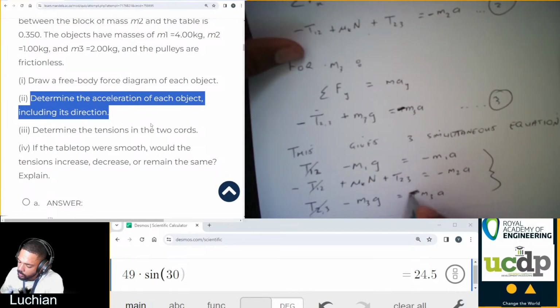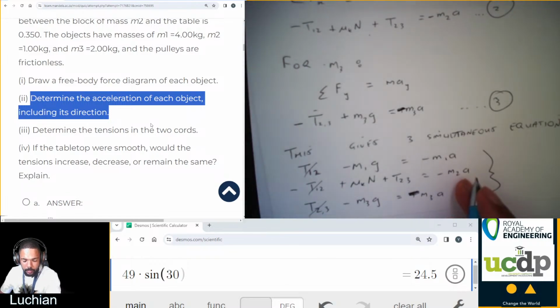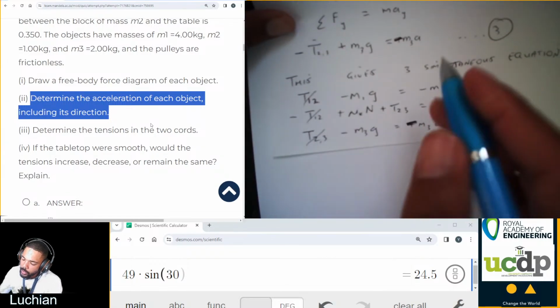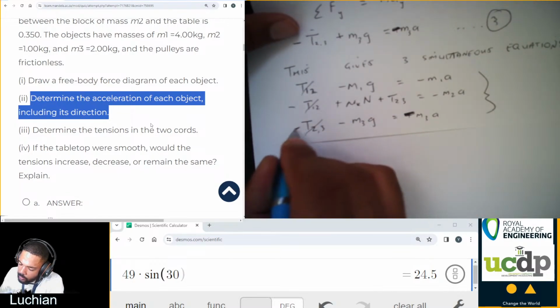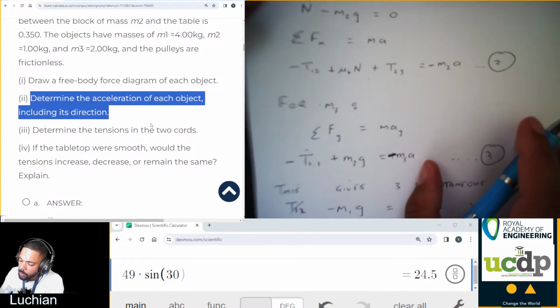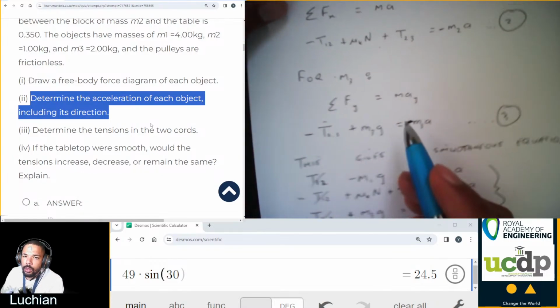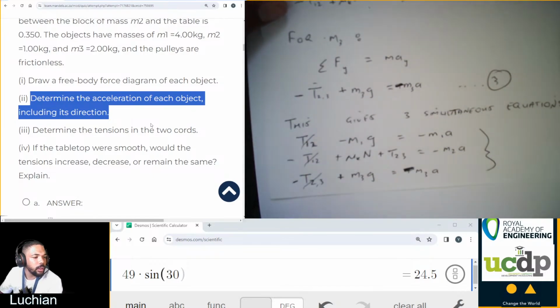So there we have it. If we add all of them up, this one should be negative now, that's positive. Remember to indicate which direction is positive and negative.